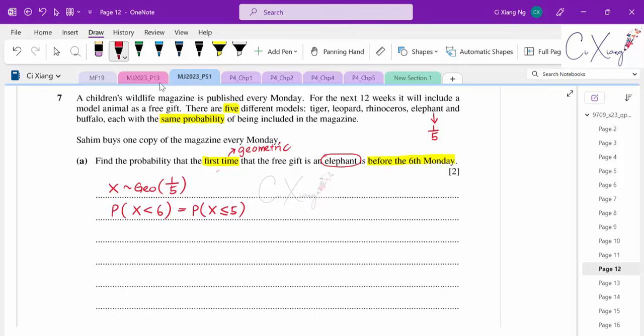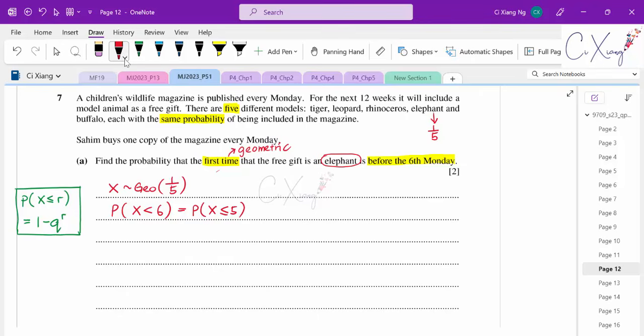Alright, so for x smaller equals to 5, since we know that this is a geometric distribution, there's a general formula for it. When you want to find x smaller equals to r, the general formula is 1 minus q power r. This formula, I already checked just now, is not provided in the formula booklet, but you can apply it if you can remember.